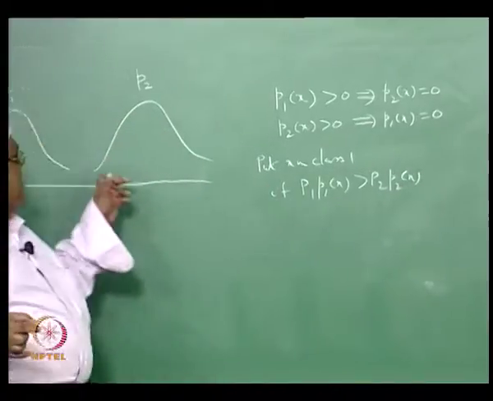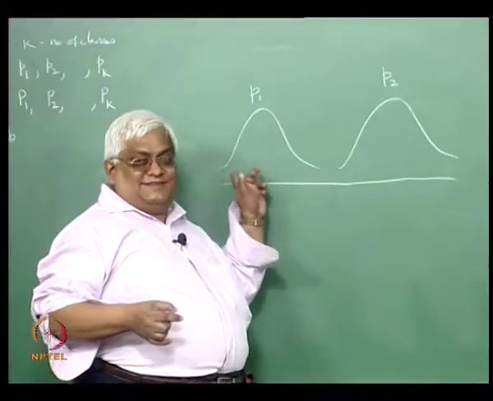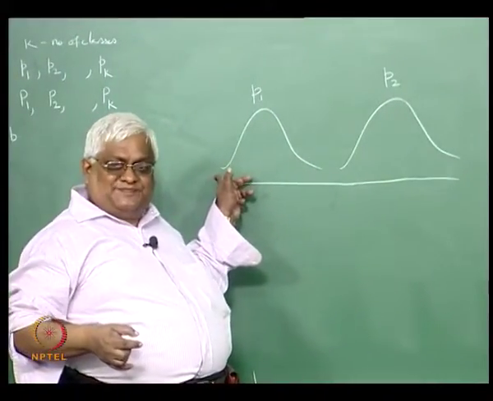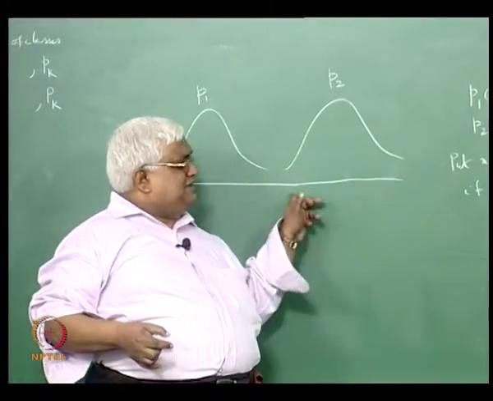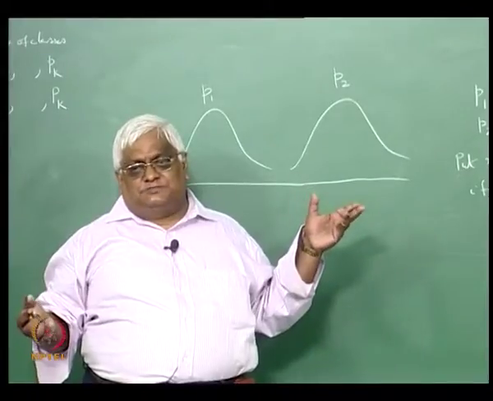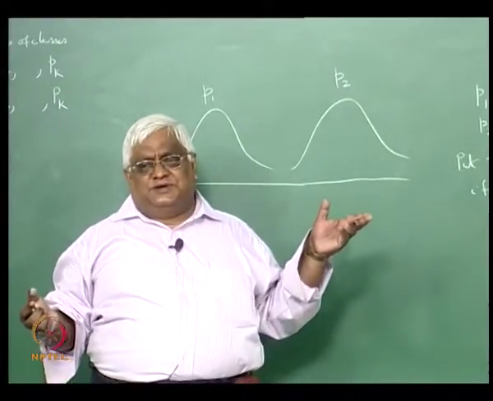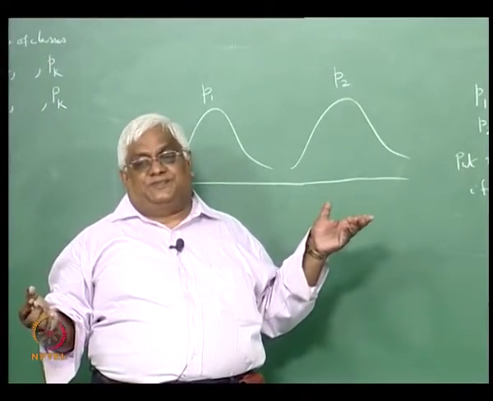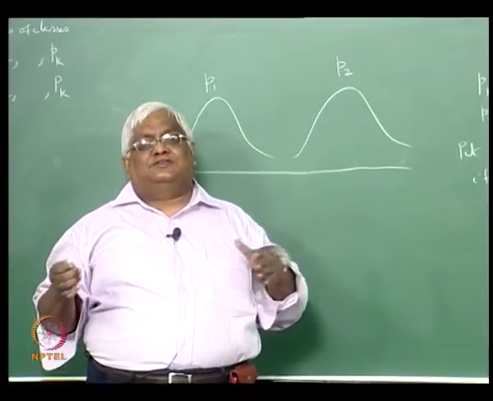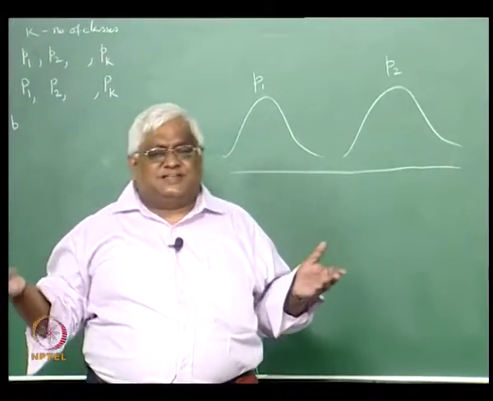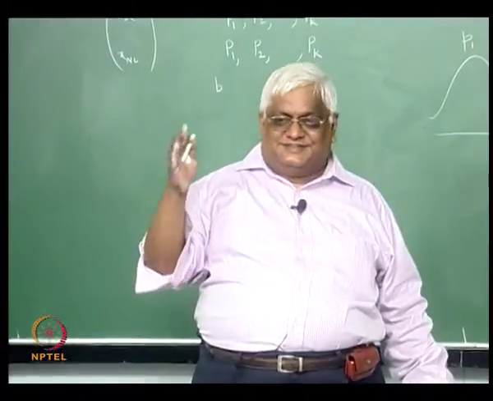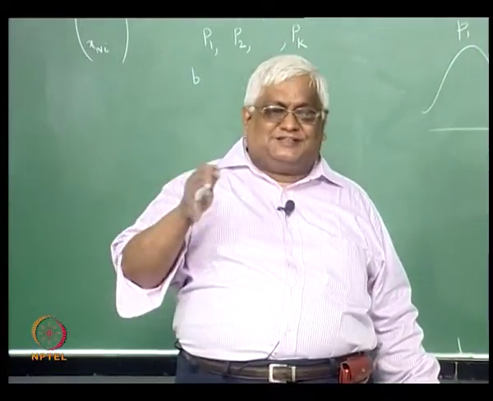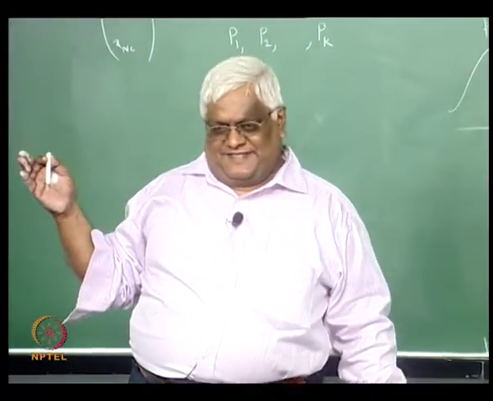So, for all the points which are here, they will go to class 1, and for all the points which are in this region they will go to class 2, because P2 x will be greater than 0, but P1 x is equal to 0. So, then there is no misclassification, right, then there is no misclassification.